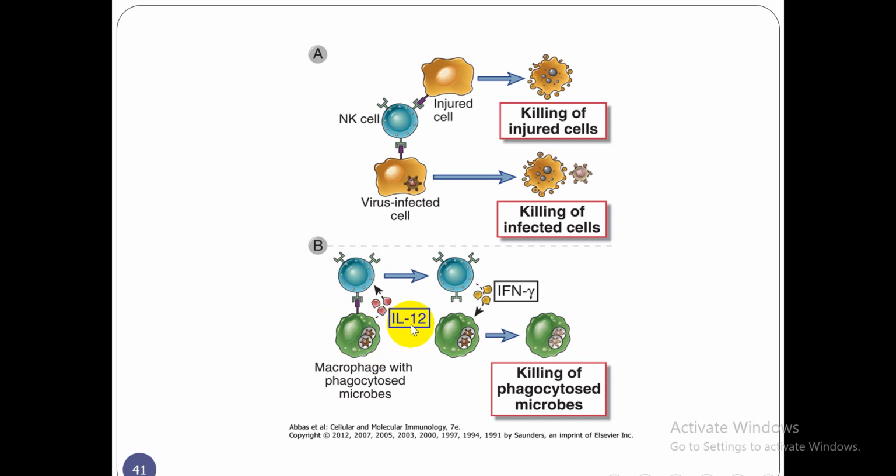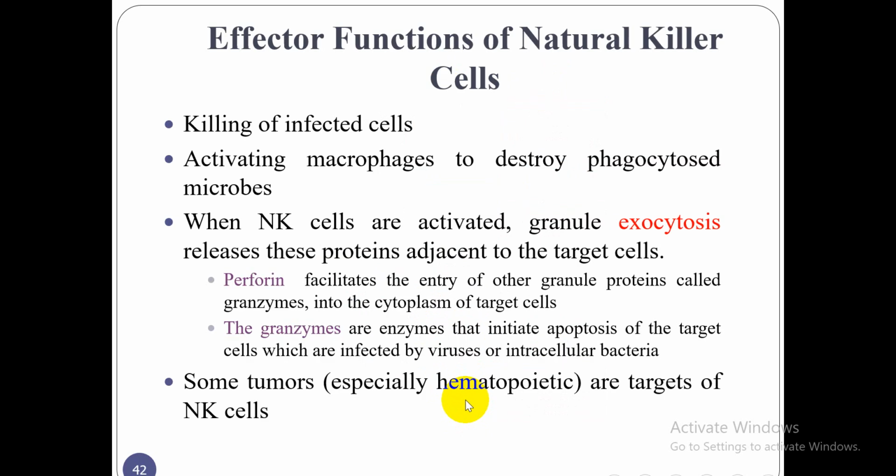Macrophages produce interleukin 12 and activate NK cells, and in response NK cells produce interferon gamma, and interferon gamma can activate the macrophage for killing the phagocytosed microbe. So the functions of natural killer cells involve killing of infected cells and activating macrophages to destroy phagocytosed microbes.